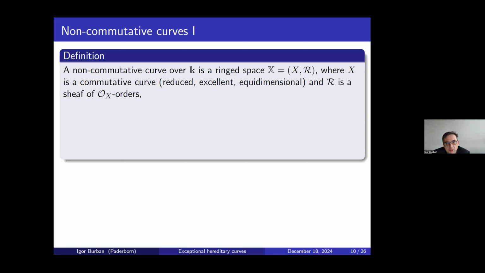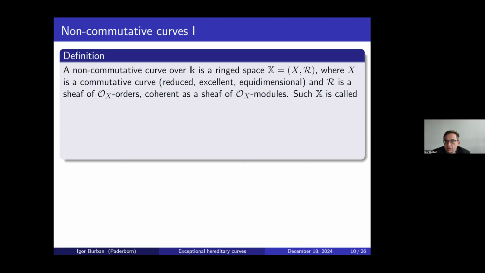But the structure ring is a sheaf of orders, which is a coherent sheaf of O_X-modules. So if I have a sheaf, I can look at local sections, and I want the local sections of R over any open set to be an order in the formal sense. So I want R to be coherent. If I have it, then it is my non-commutative curve.